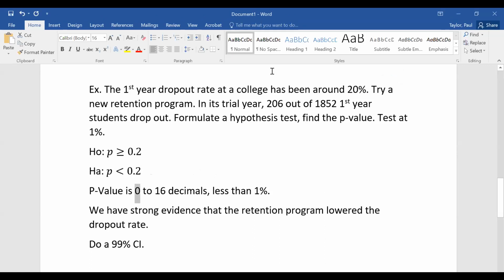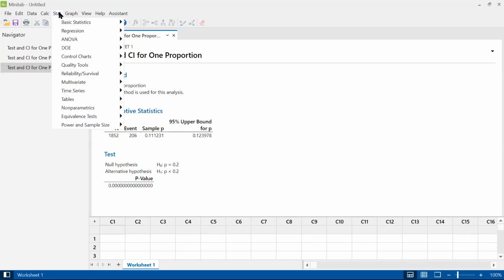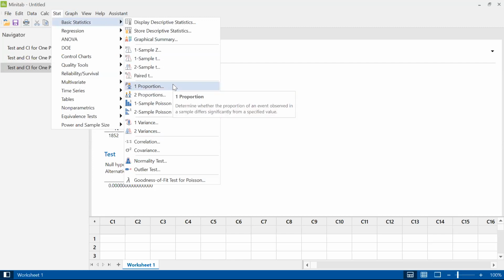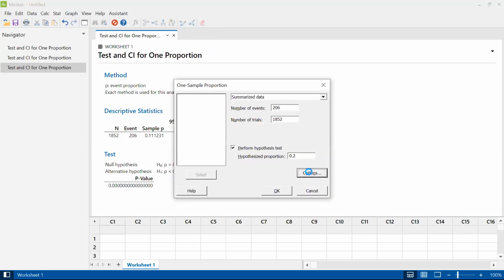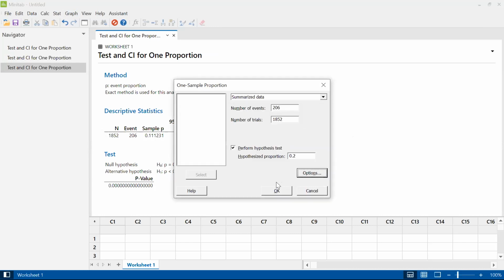I'm going to flip back to Minitab. And under options, let's do a 99% confidence interval. And because this is a less than, it's doing this weird one-sided confidence interval, I'm going to change it to not equals so that it does a confidence interval with bounds on both sides, which is what we're used to. Okay, so this is now running a different hypothesis test than it did before.